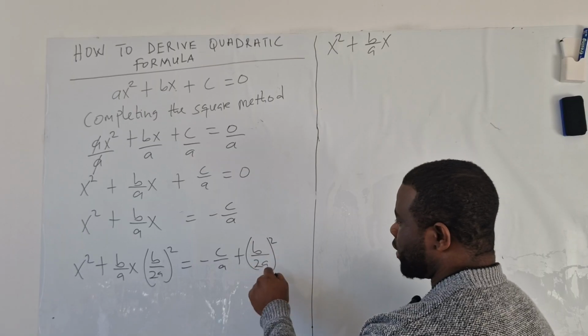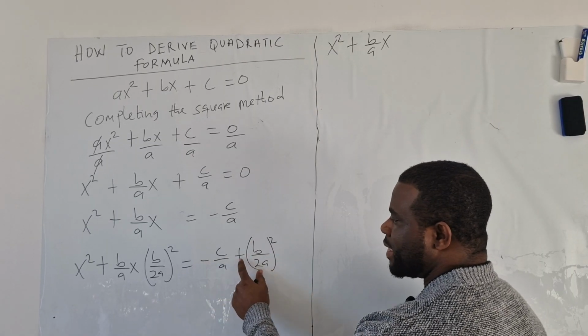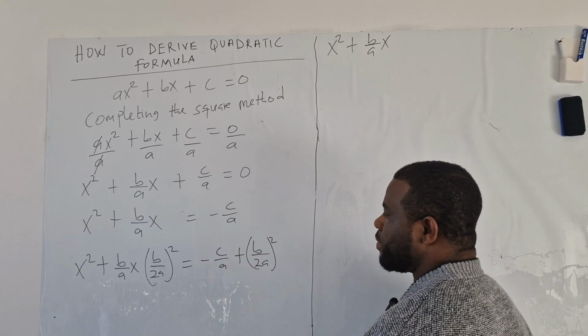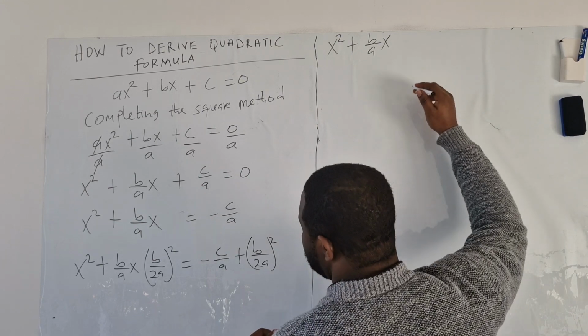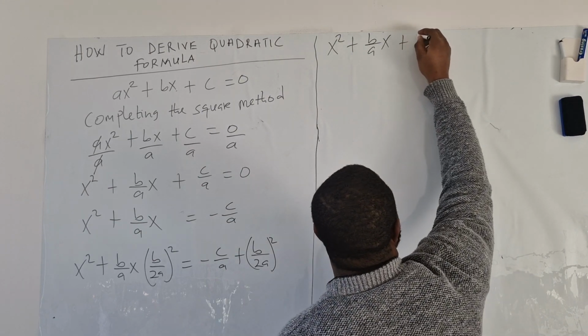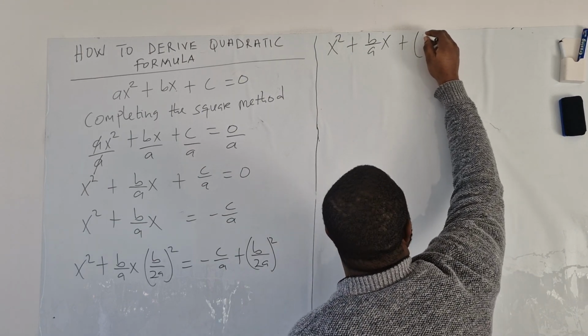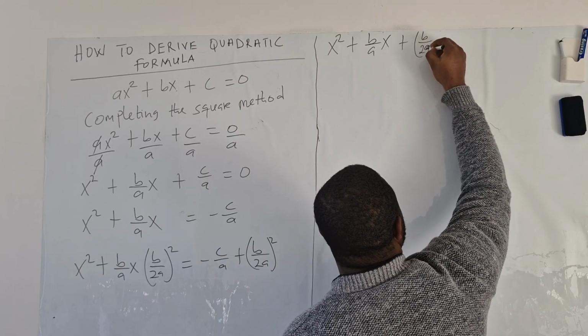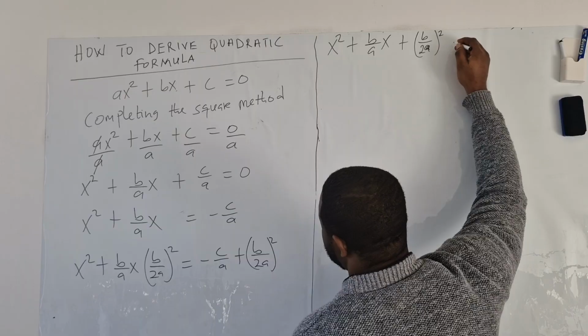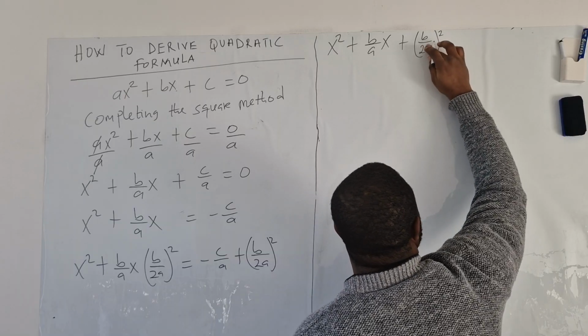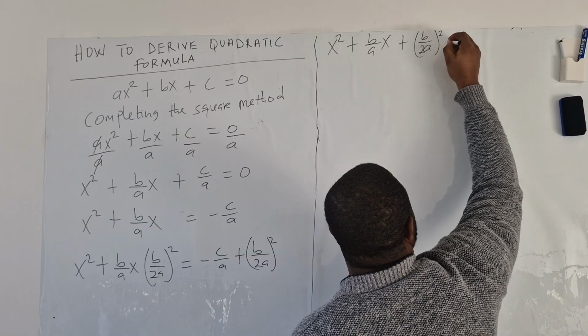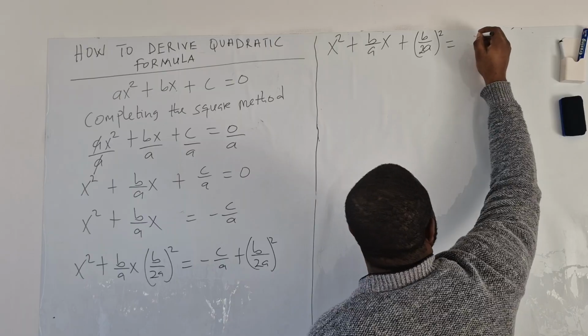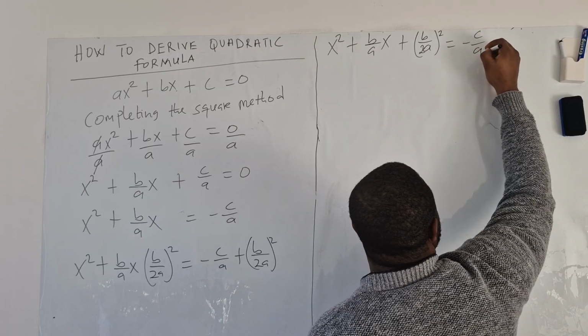So we square this fraction and then we add the result to minus c on a.